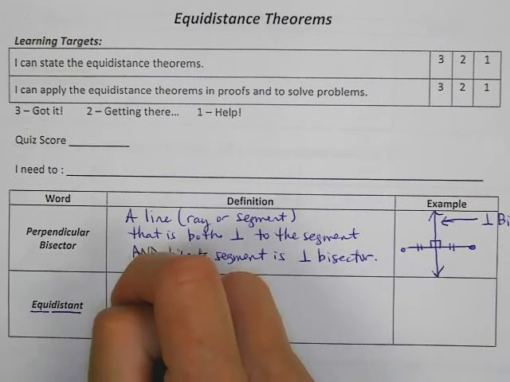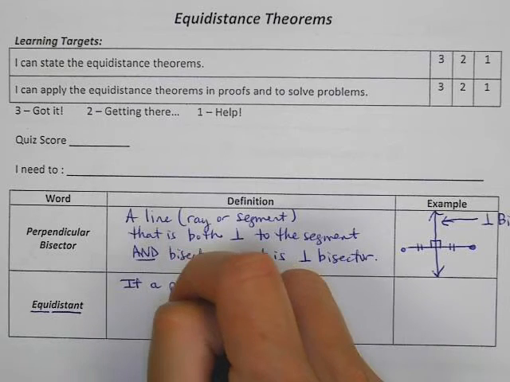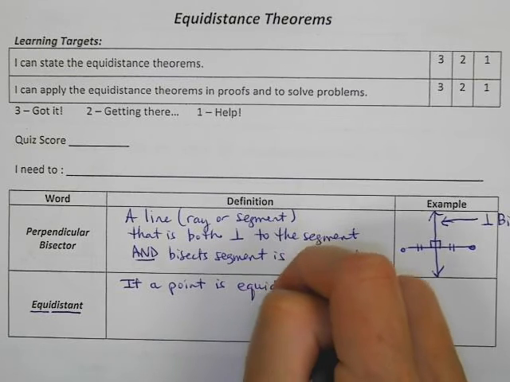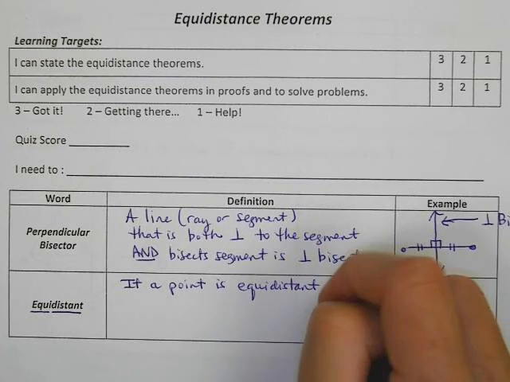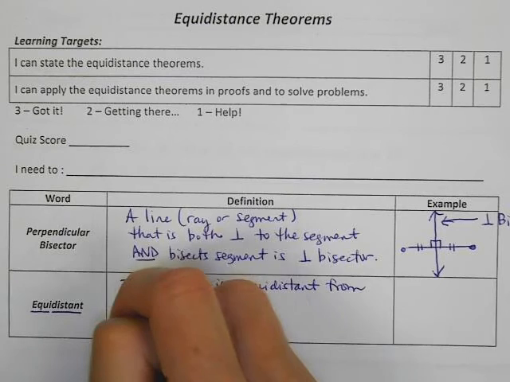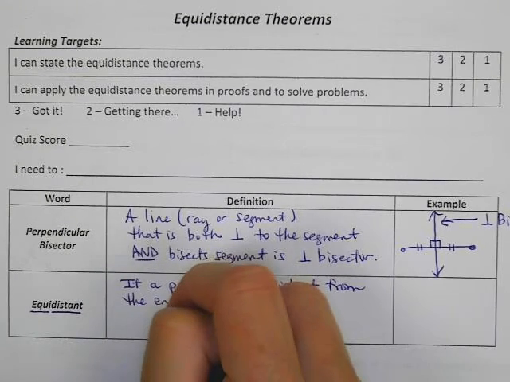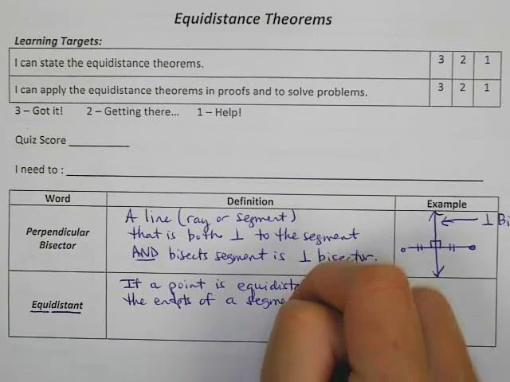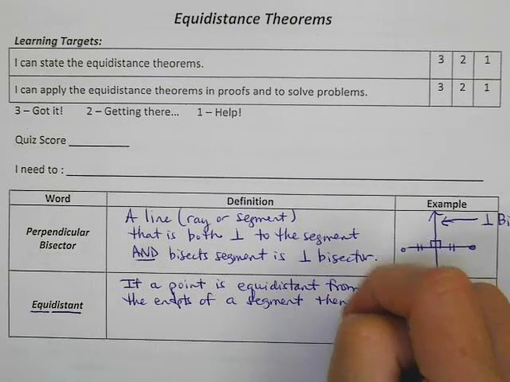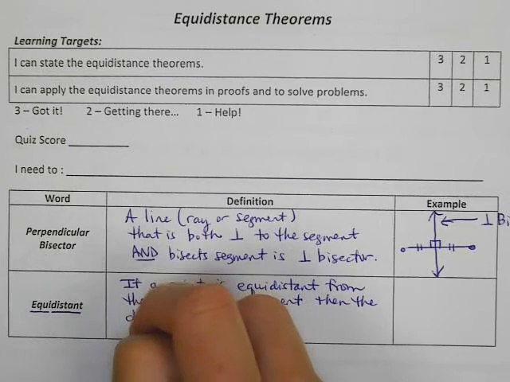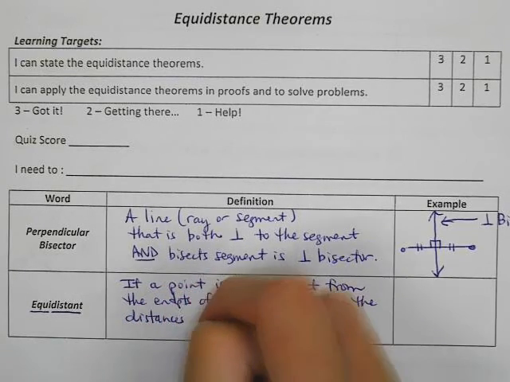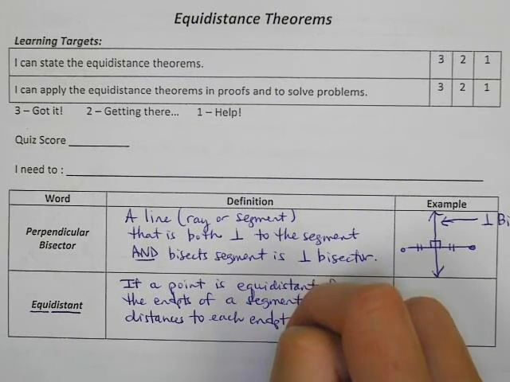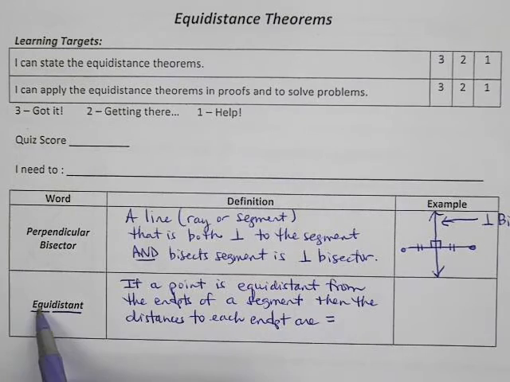So we are going to say if a point is equidistant from the endpoints of a segment, then the distances to each endpoint are equal. In other words, equal distances.